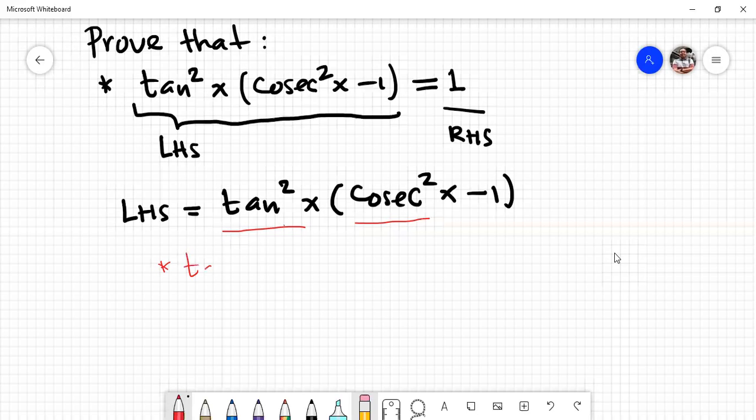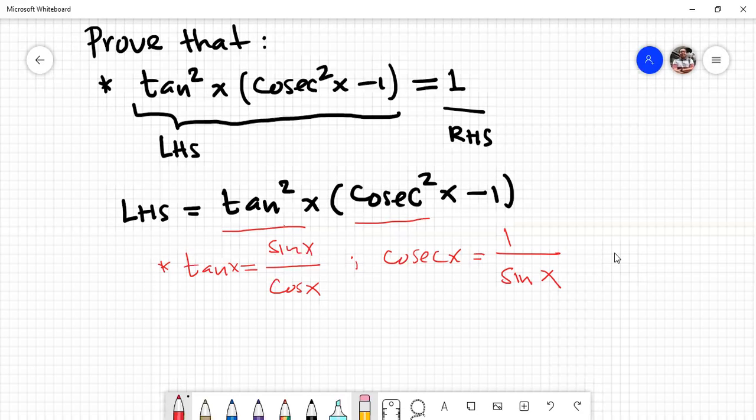As we know, tangent x is sine x out of cosine x. Meanwhile, cosecant x is the reciprocal of sine, so cosecant x is 1 out of sine x.